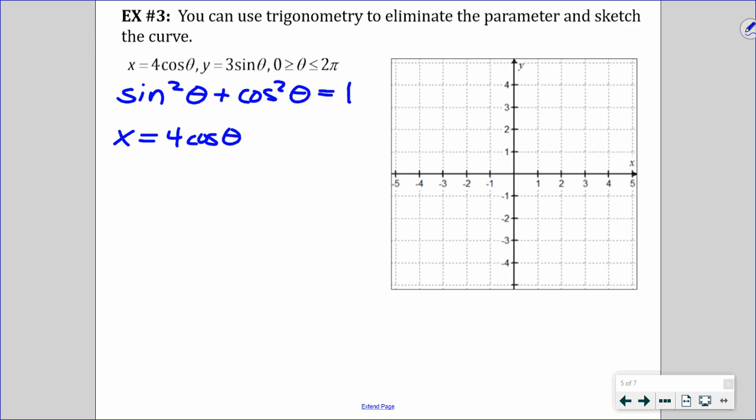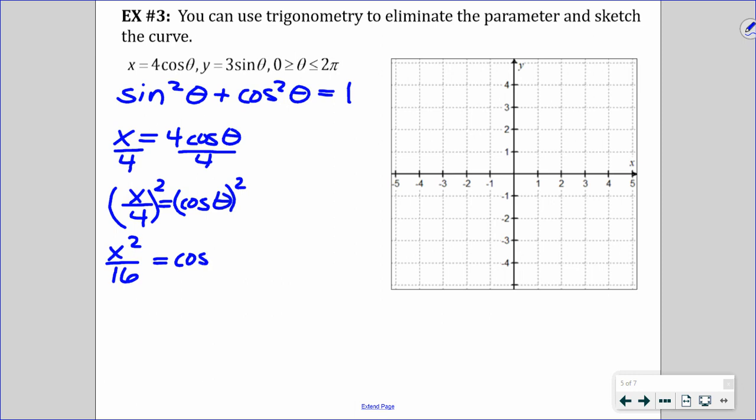I'm going to get cosine theta by itself, so I would divide by 4 on both sides. So that'll give me x over 4 equals cosine theta. And then because I want the cosine to be squared, so I can use the Pythagorean identity, I'm just going to square both sides. So then I'll have x squared over 16 equals cosine squared of theta.